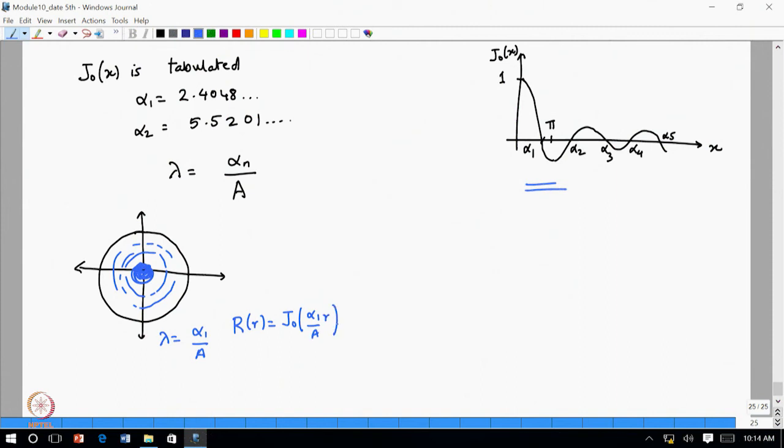So, this is the solution. What I am showing is that the amplitude is largest here. Then the amplitude slowly decreases, and here it becomes very small. Now, the next wave looks like this.